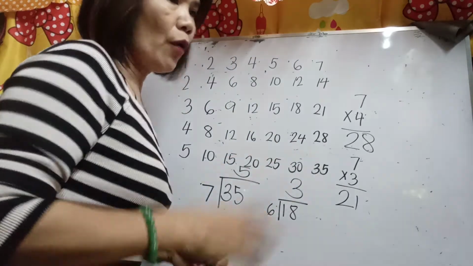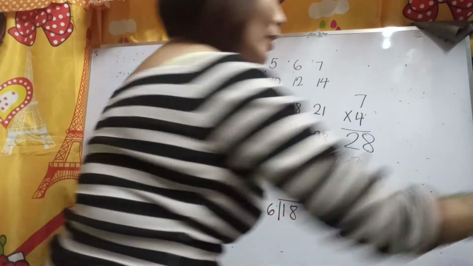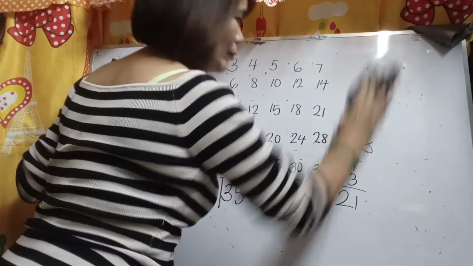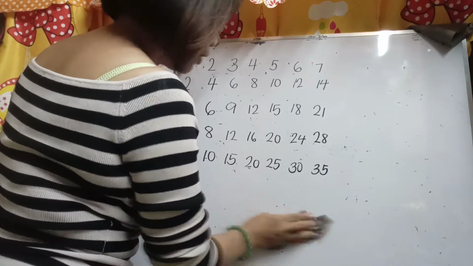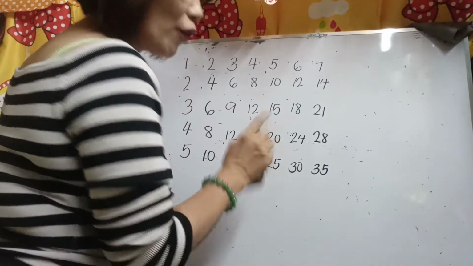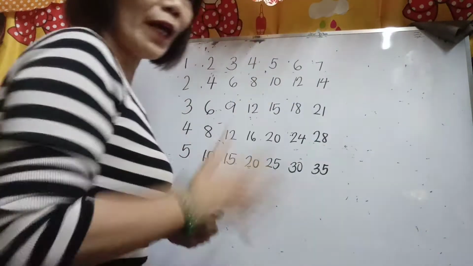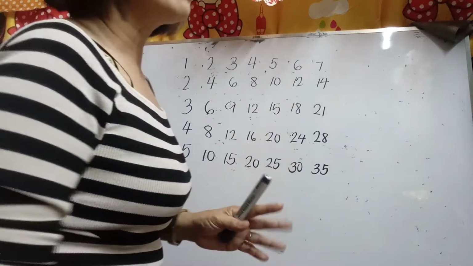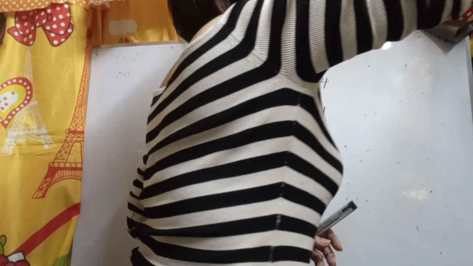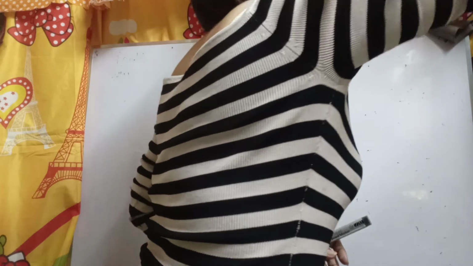So, gawa tayo ng iba pang number. Let's make another number. This is just a bit of the multiplication table that we have at the back of our notebook. Let me see if I have one here. Okay, so this is it.